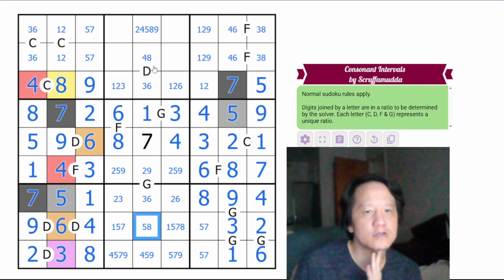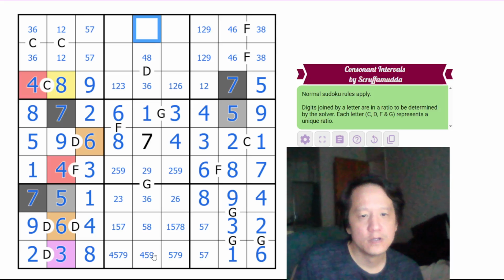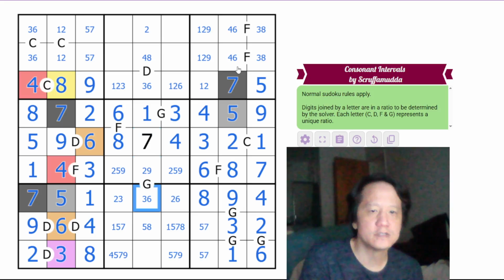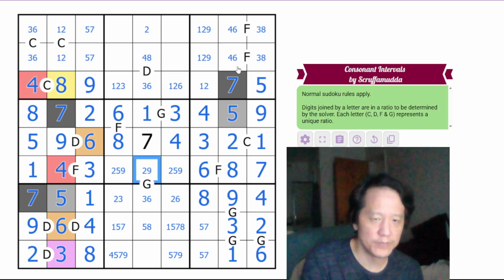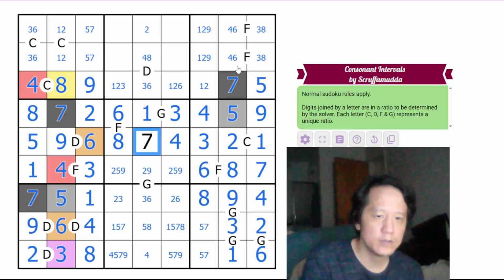Let's look at the possibilities. So if this is 2, this is 9, 3. Which would make this 6 and 8. So this would be 5 and 4. If this is not 2, this is 2. So it's 2, 6, which makes us 3, 4.